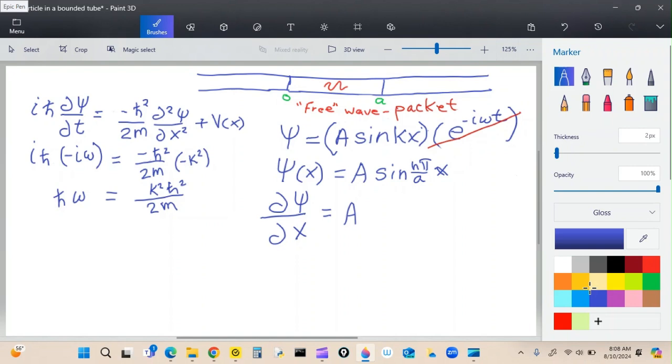And the derivative of the sine is the cosine, times the derivative of the angle. So the derivative of the angle is, what is it? It's n pi over a.